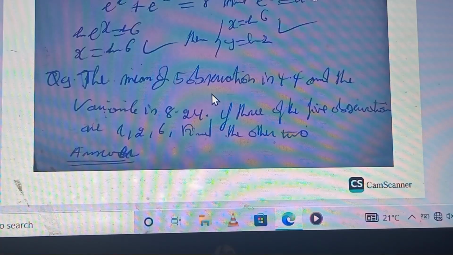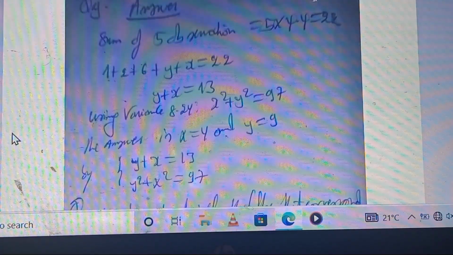Question number 9. The mean of 5 observations is 4.4 and the variance is 8.24. If 3 of the 5 numbers are 1, 2, and 6, find the other numbers. So here, for question number 9, first you must try to understand the question.